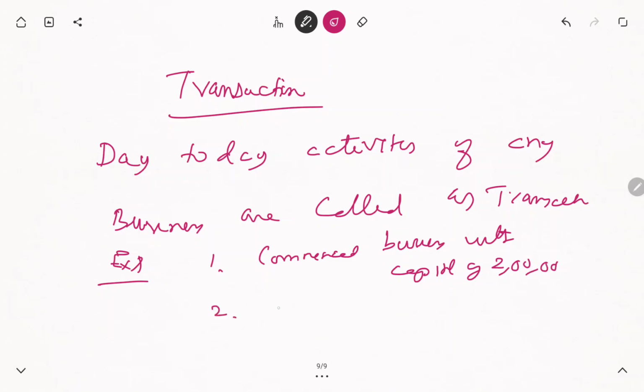Number 2, rent paid. Number 3, cash paid to Ravi, etc.